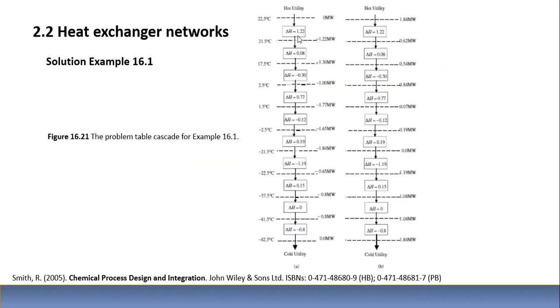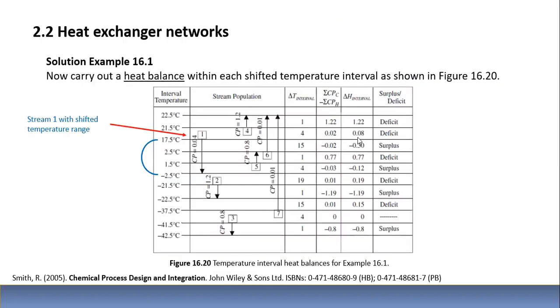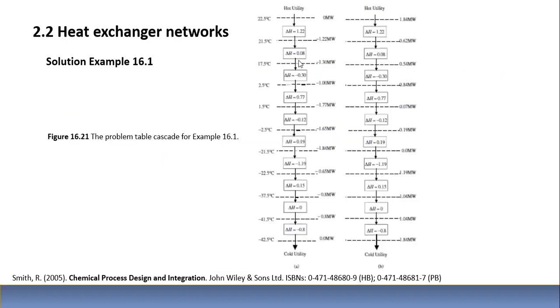Within the first interval, we have a delta H of 1.22, which came from here. Within the second interval, we see a delta H of 0.08. Within the third interval, we see a delta H of minus 0.3. And that's why you see 1.22, 0.08, minus 0.3.